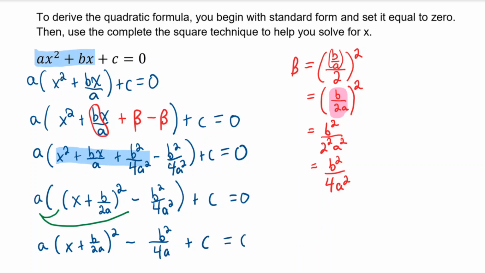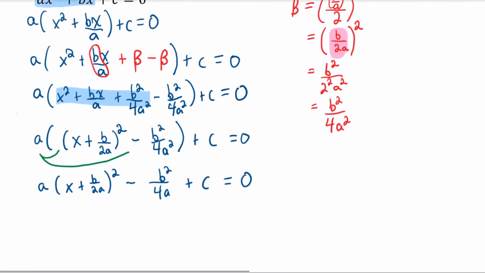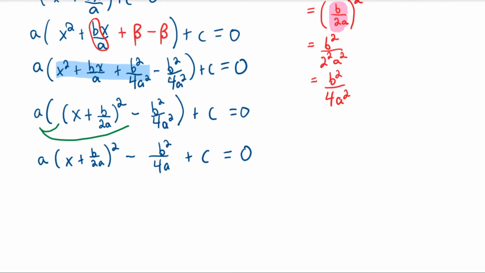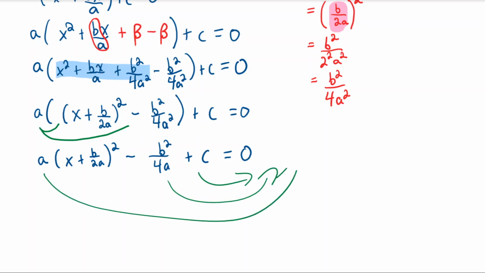And now we are on our way to getting x alone. So looking at this, our goal now is to go after this x value right here. So we're going to bring all these other things. We're going to bring the c over, we're going to bring this over, we're then going to bring the a over, and then we can go from there.